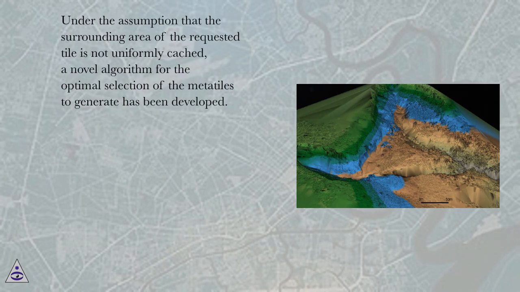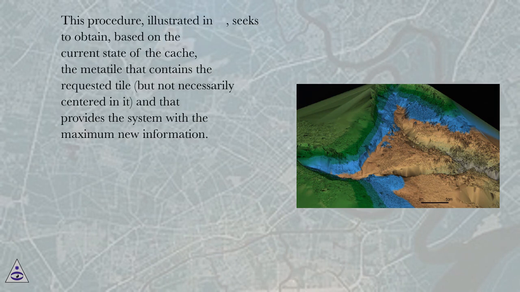Under the assumption that the surrounding area of the requested tile is not uniformly cached, a novel algorithm for the optimal selection of the metatiles to generate has been developed. This procedure, illustrated in the figure, seeks to obtain, based on the current state of the cache, the metatile that contains the requested tile, but not necessarily centered on it, and that provides the system with the maximum new information.